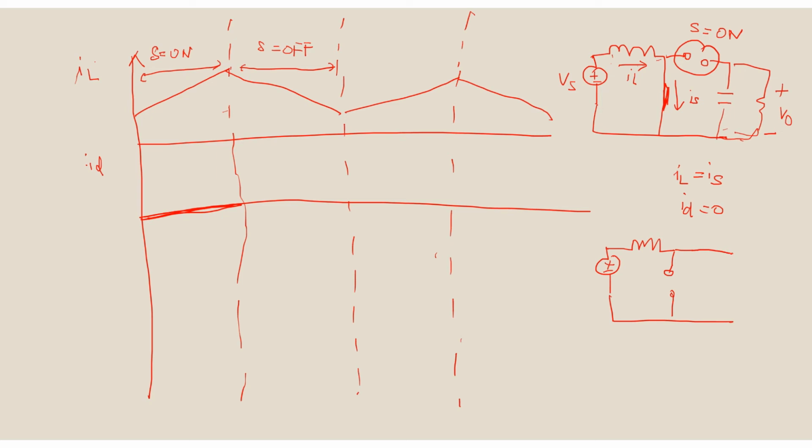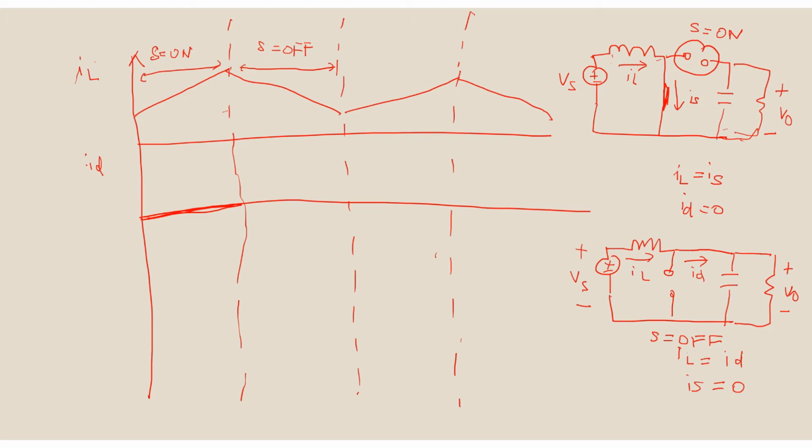The diode becomes forward biased, so it becomes a short circuit, so it can conduct current. Now when the switch is off, you will see that your IL now equals your ID, and your IS now is 0.